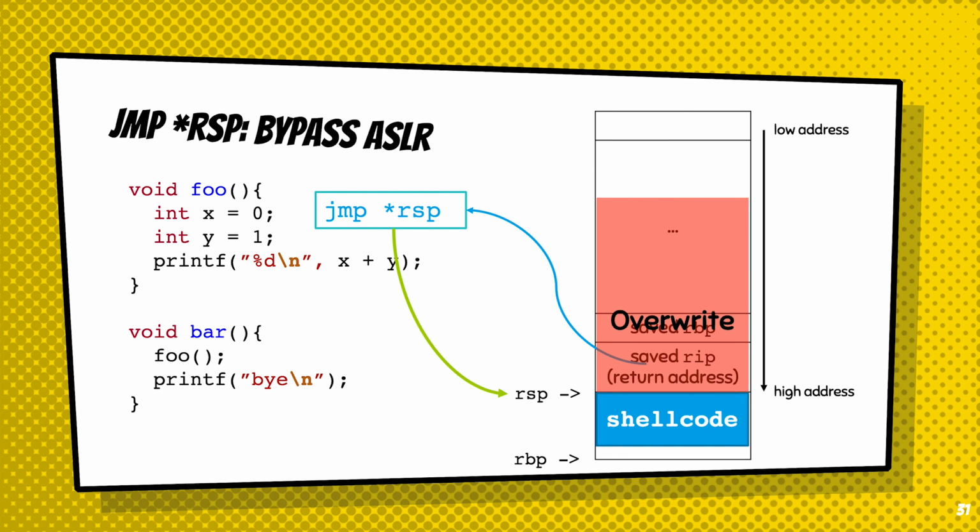So in this case, if we put the shellcode after the saved RIP, and then we call jump star RSP, it will jump to the shellcode directly. Now we're going to show you a simple demo.